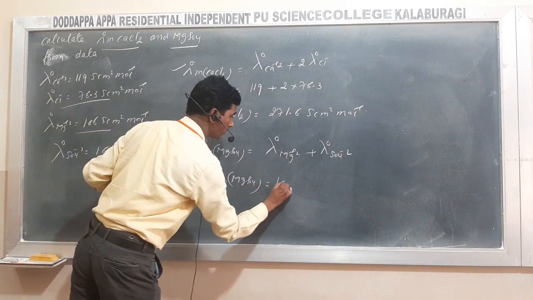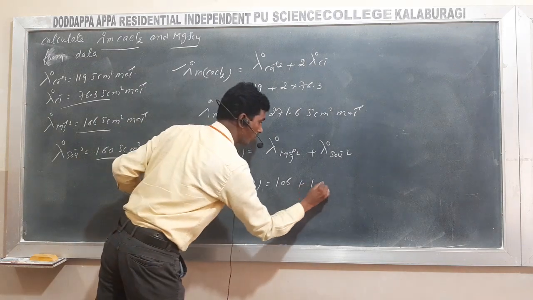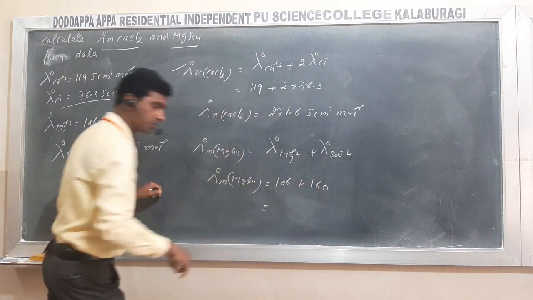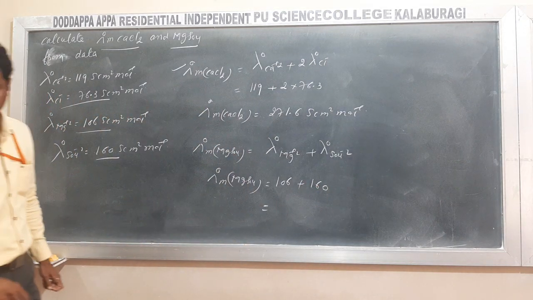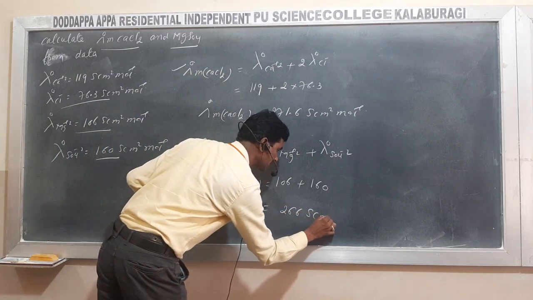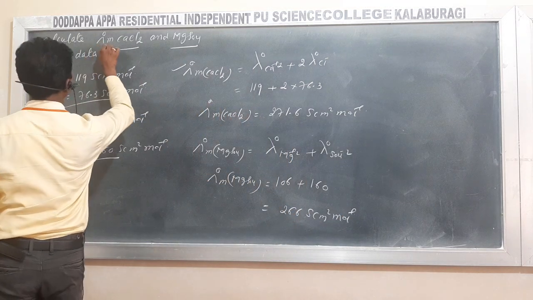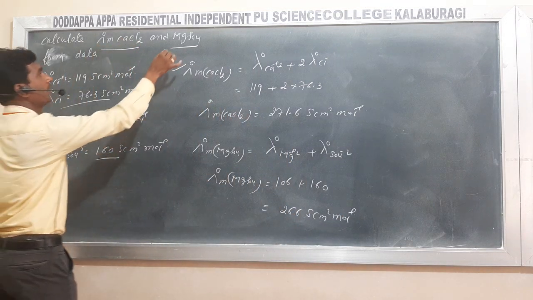Mg plus 2 is 106 plus lambda naught of SO4 is 160. So total, we can get the answer 266. It is 266 Siemens centimeter square per mole. So this is the limiting molar conductivity of calcium chloride and magnesium sulfate.